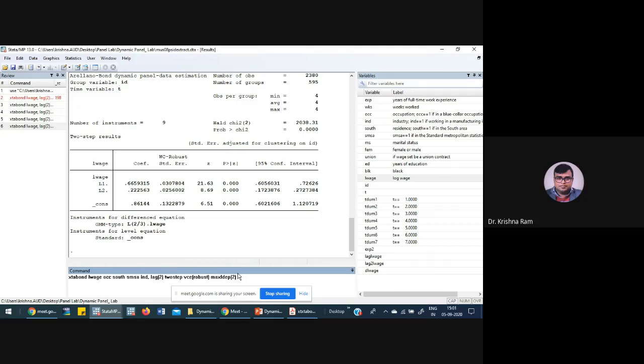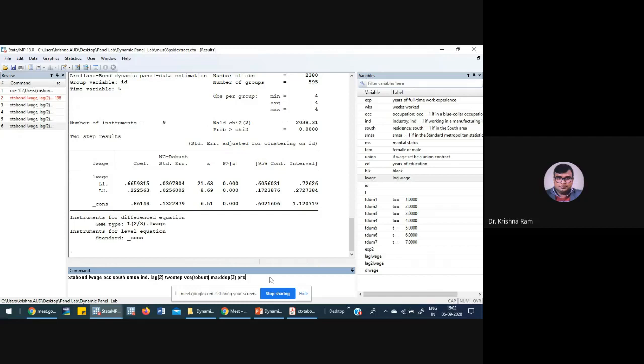Two step again goes as it is. AC robust we are going to use. Here you are restricting instruments up to 3. The maximum instruments used by this model is 3 only.